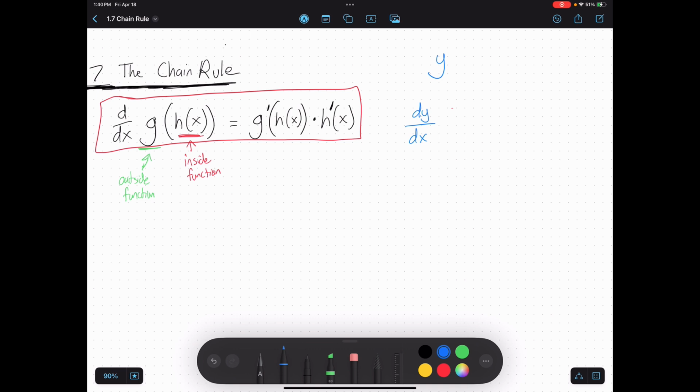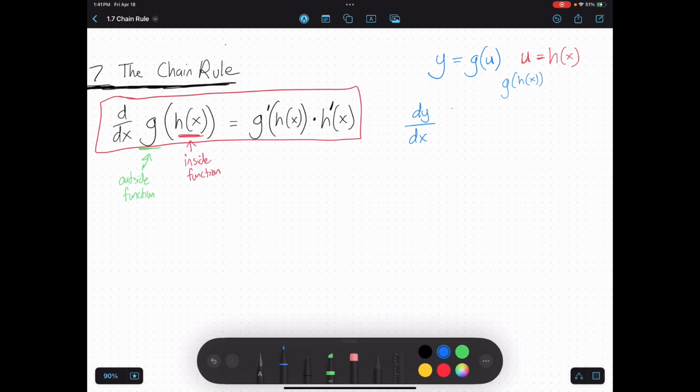But let's assume that y is a composition function, meaning that it's a function of another function which we'll call u, where u is a function of x. We could put these two together if we wanted to, but we're going to let u represent that inside function. So bear with me as I introduce a new variable.